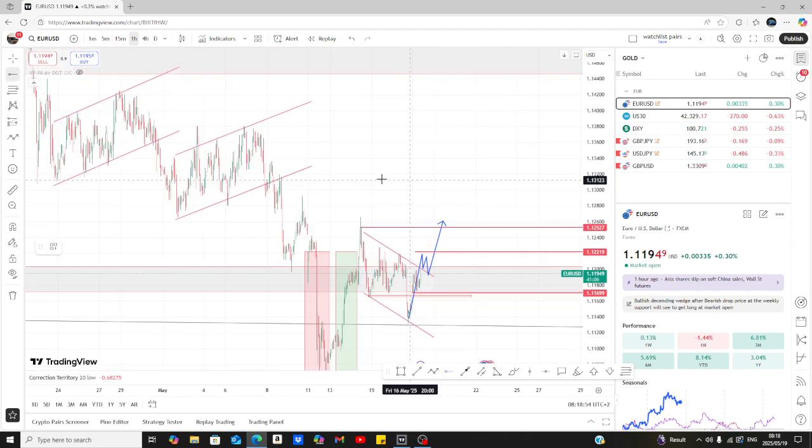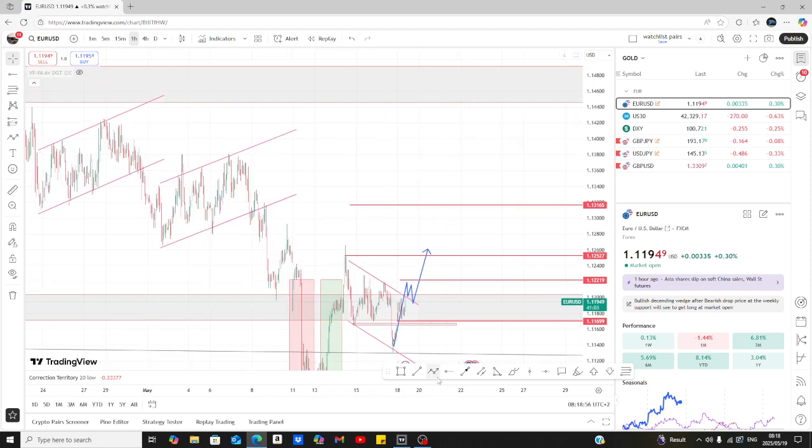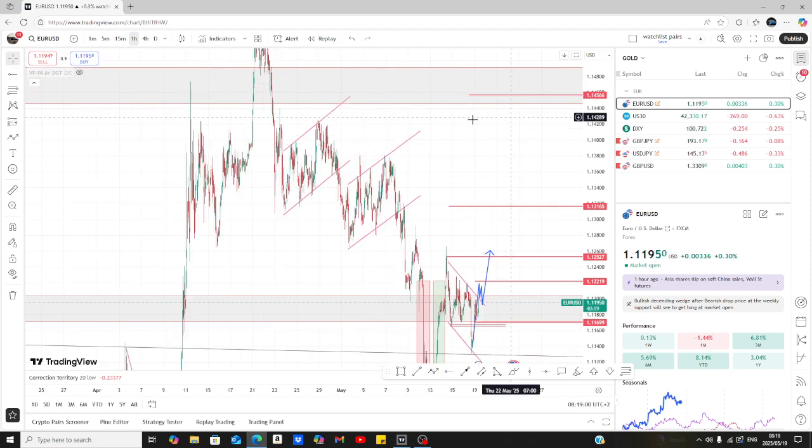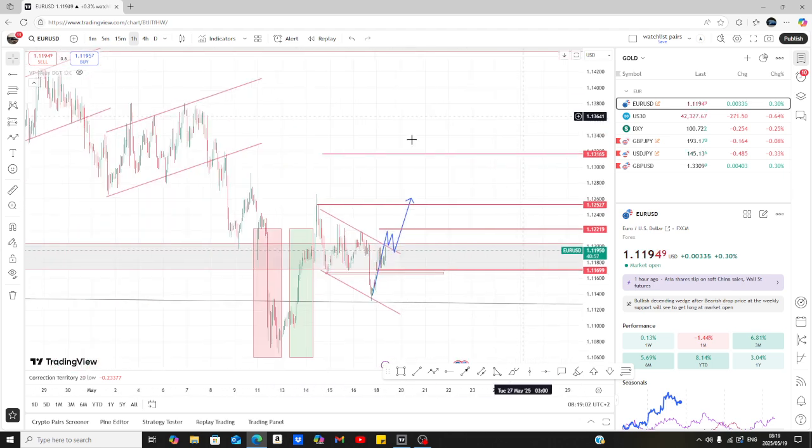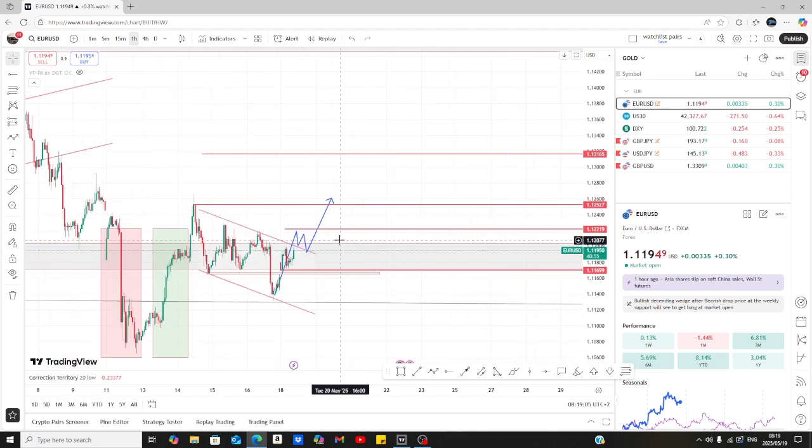The second target should be the middle of this free range, and the final target will be the free range key structure point. So that's my outlook currently for EURUSD. I will be setting an alert to see if price can break this bullish descending channel.